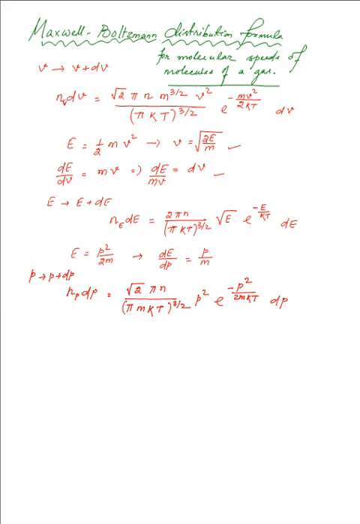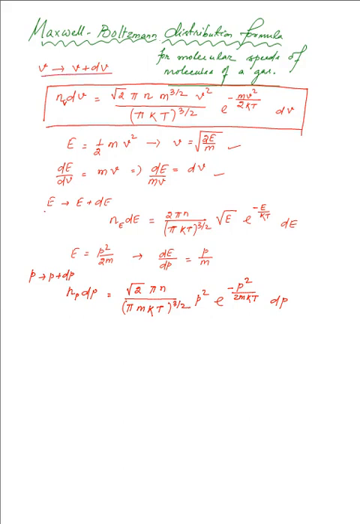So all of that is available to us in the three forms that we have just discussed for the Maxwell-Boltzmann distribution of the speeds of the molecules of the gas. So the first form being this one, in the velocity range v to v plus dv.